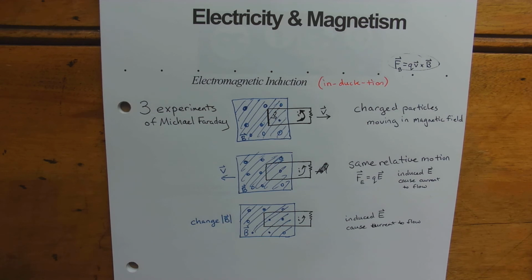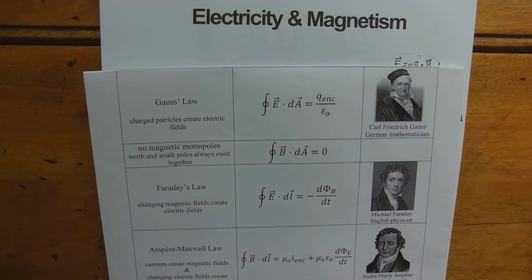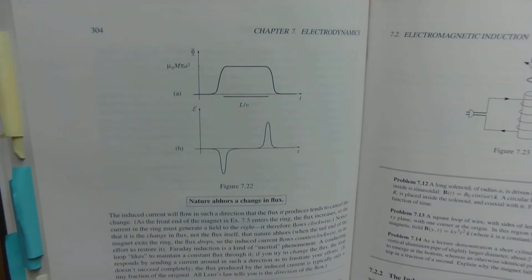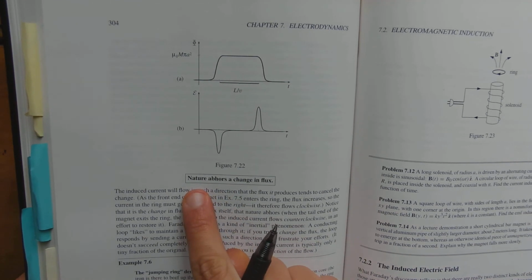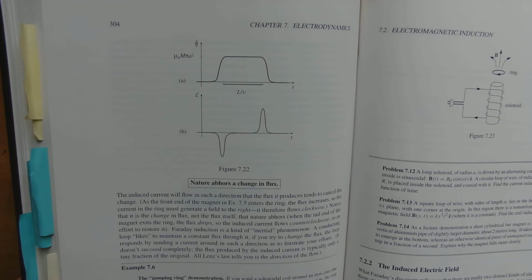Okay, now for the first problems that we're going to be looking at in this section, we're not going to worry about Faraday's law, but we're going to just look at the signs that you would have from Faraday's law, and that's actually called Lenz's law. You can state Lenz's law as follows. This is, again, from the Introduction to Electrodynamics, where David Griffiths says, Lenz's law states that nature abhors a change in flux.